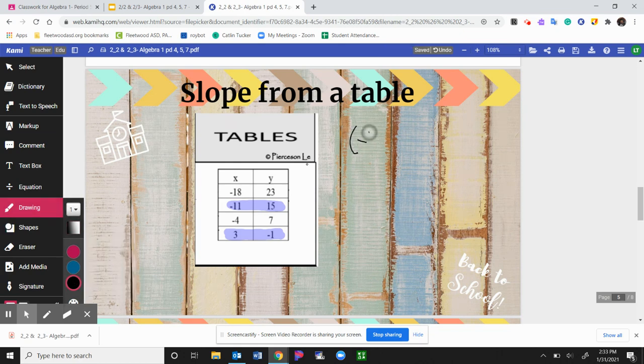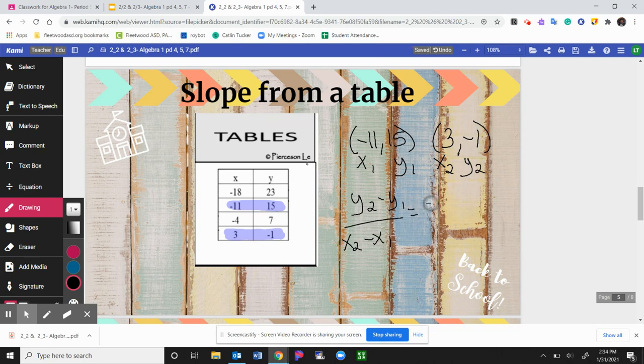I picked the points negative 11, comma 15, and 3, comma negative 1. Now I have 2 points and I can label them using the same method: x1, y1, x2, y2. And I can use my formula, y2 minus y1 all over x2 minus x1, and now I can substitute in.